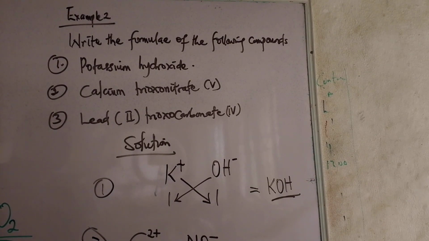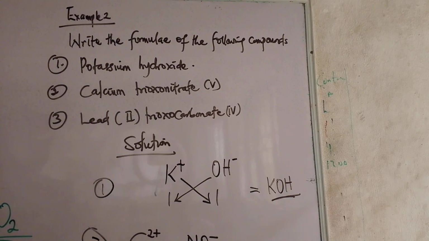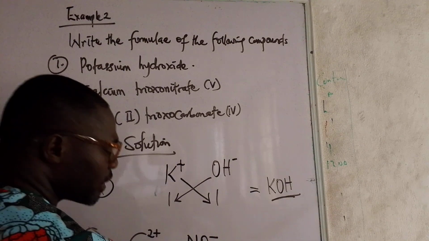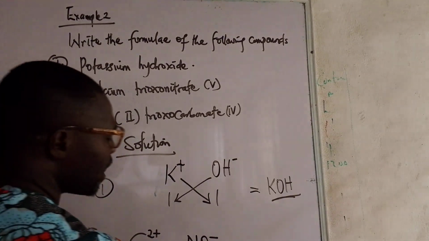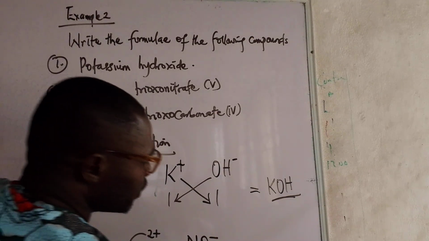So this one is 2 and this one is 1. When you exchange their valency, calcium is 1, while this one is picking 2. So you are going to open bracket. Since it is picking 2, you write the NO3 and you close bracket before you write the 2.